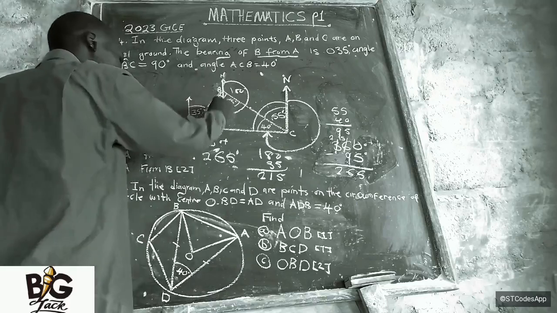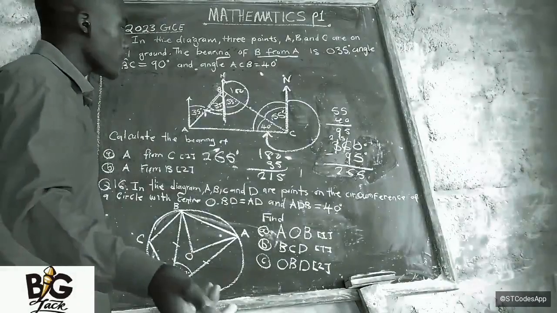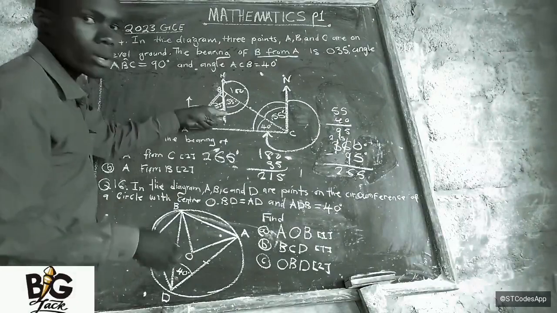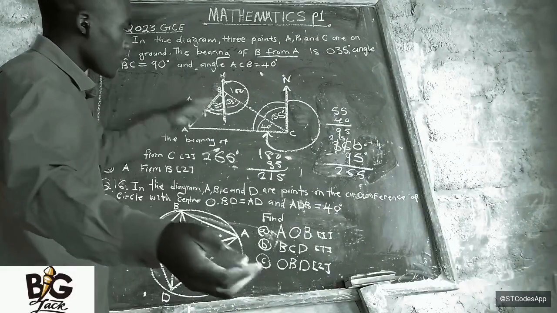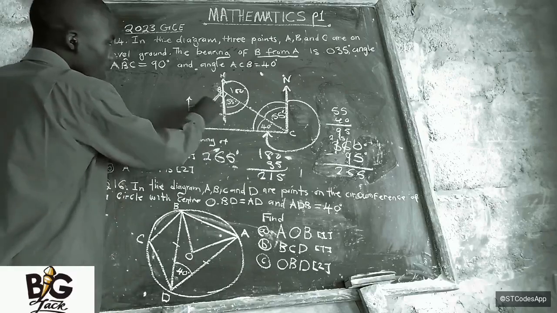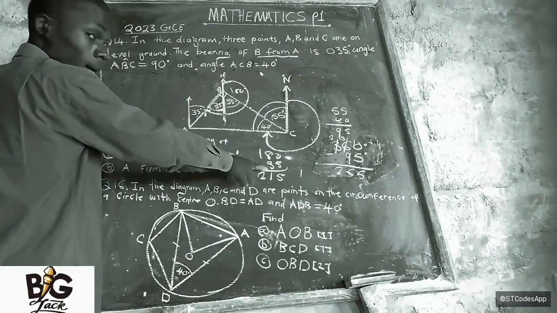Now the straight line here has an angle of 180. So when you come from this point here and end here, you're going to get 180. Now the question is saying we are supposed to end here. So now we know that this one here is 35. Now 35 plus 180, that's what I was doing here.